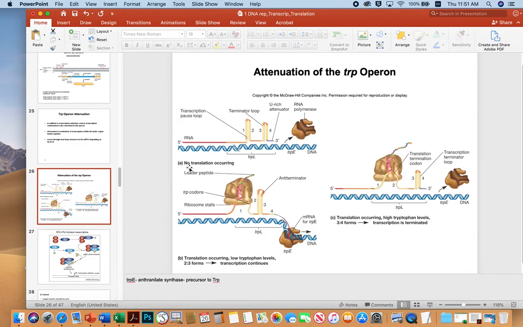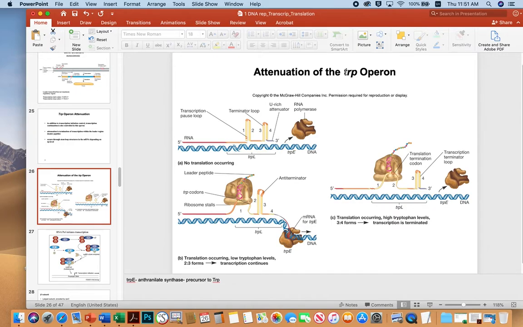In panel A here, no translation is happening. Let me back up and just say that the tryptophan operon is basically some genes that are essential for the biosynthesis of tryptophan. An organism that is in need of tryptophan would want to activate this operon.